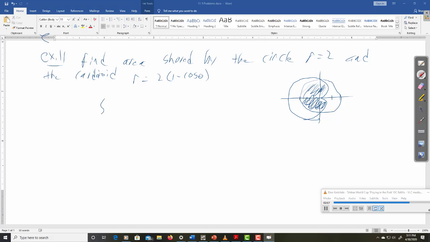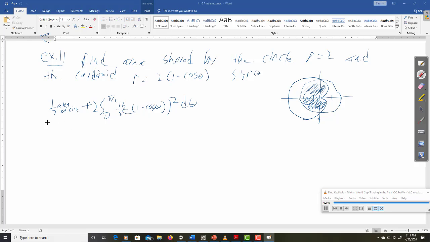One of these would be 0 to pi over 2 of, area is the integral of 1/2 r squared d theta. So 2 times 1 minus cosine theta, squared, times 1/2 d theta. And then we want to multiply by 2, and then add half the area of the circle.